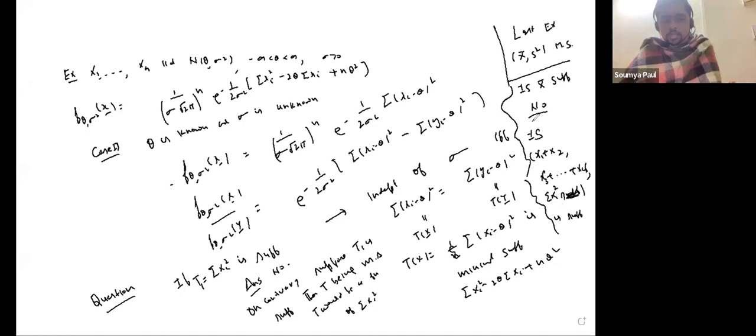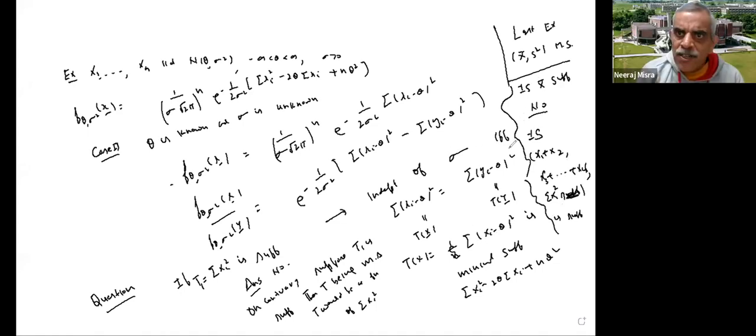Is that sufficient? Yes, sir. It would be sufficient because X bar, S square is minimal sufficient, so it is a sufficient statistic. Now, given X1 plus X2, X3 to Xn and summation Xi square, you can get X bar, S square, so it would be sufficient. Is that okay? Okay. Is that clear?